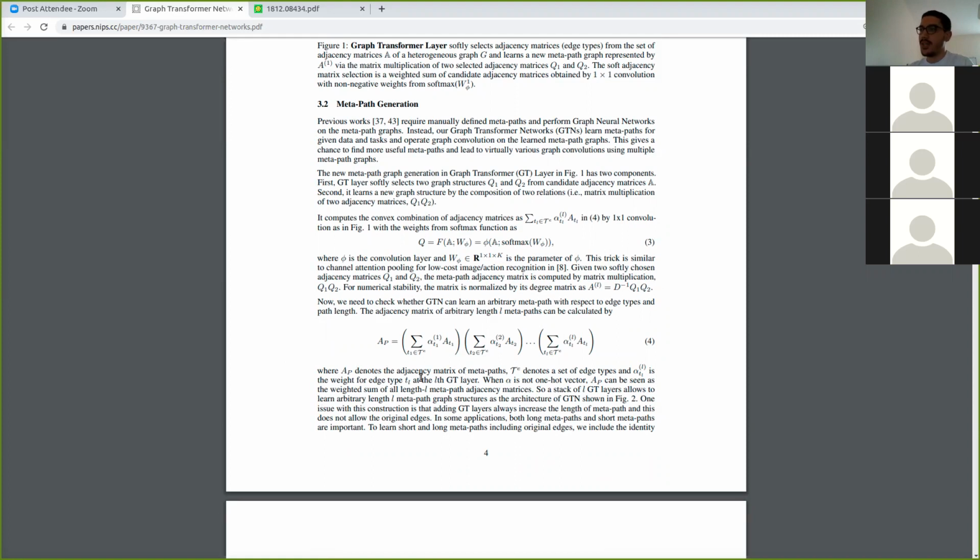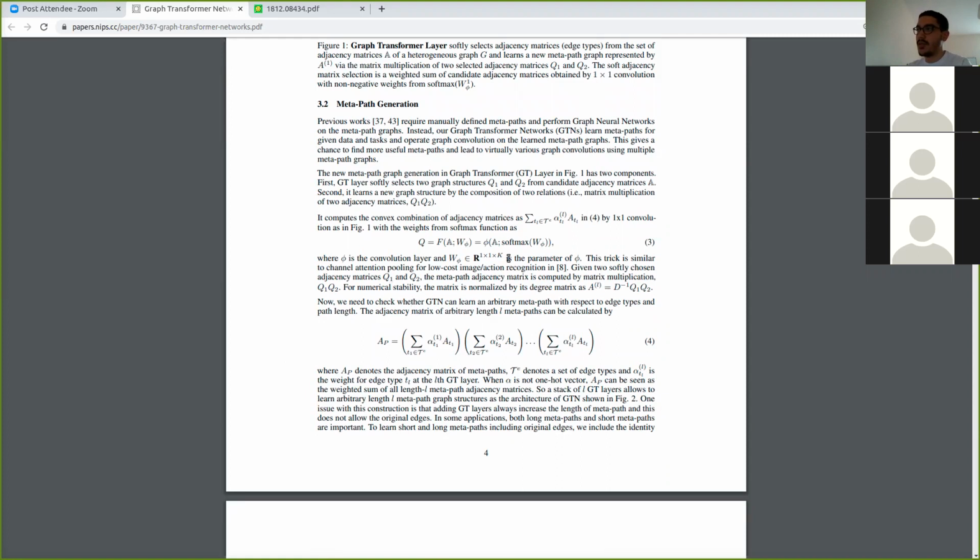But essentially, you can see here that as you matrix multiply multiple adjacency matrices, you're increasing the length of the meta path, and so at the L-th layer of the GTN, you will learn length L metapath graph structures.